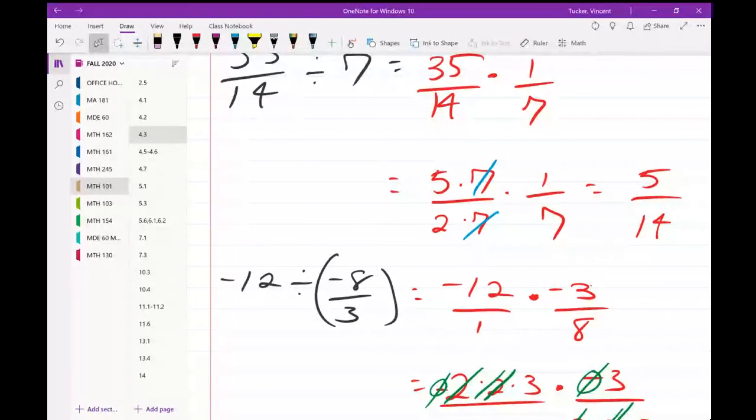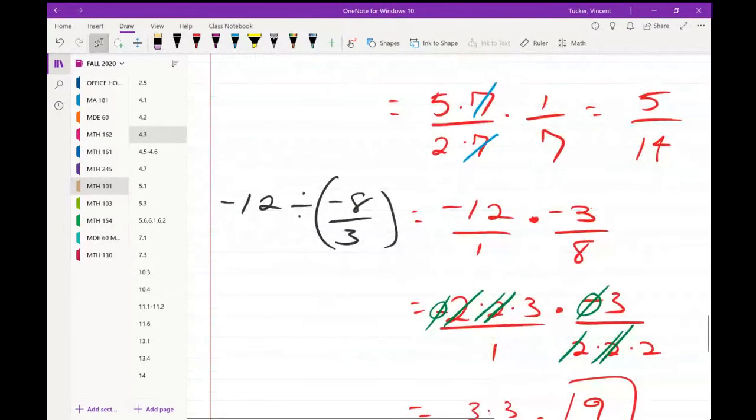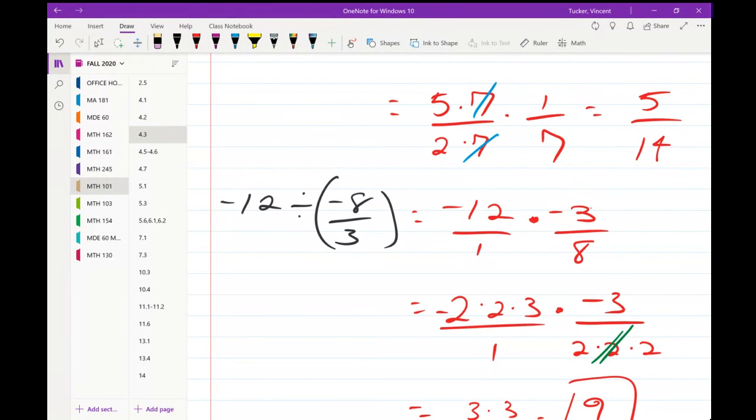All right, next one, -12 divided by -8/3. So once again, the process: 12 stays the same. I went ahead and wrote that over 1 so it can be seen as a fraction. Division changes to multiplication. Then I flip the negative 8 over 3, and that's negative 3 over 8.